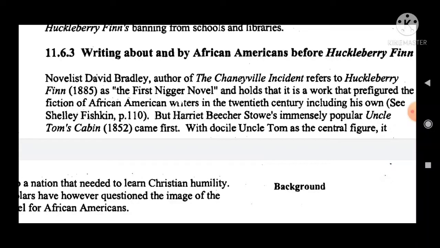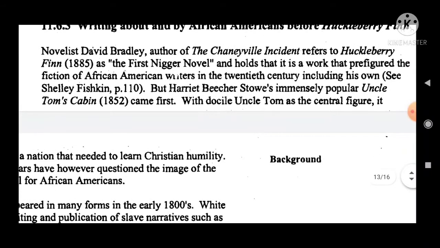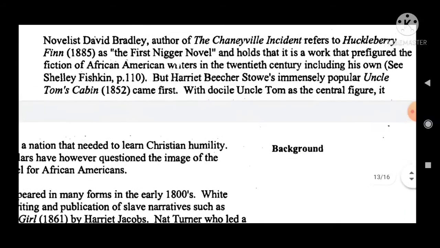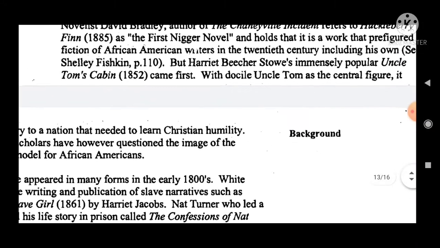So, novelist David Bradley refers to Huckleberry Finn, 1885, as the first nigger novel and holds that it was a work that prefigured the fiction of African American writers in the 20th century, including his own. But Harriet Beecher Stowe's immensely popular Uncle Tom's Cabin, 1852, came first.